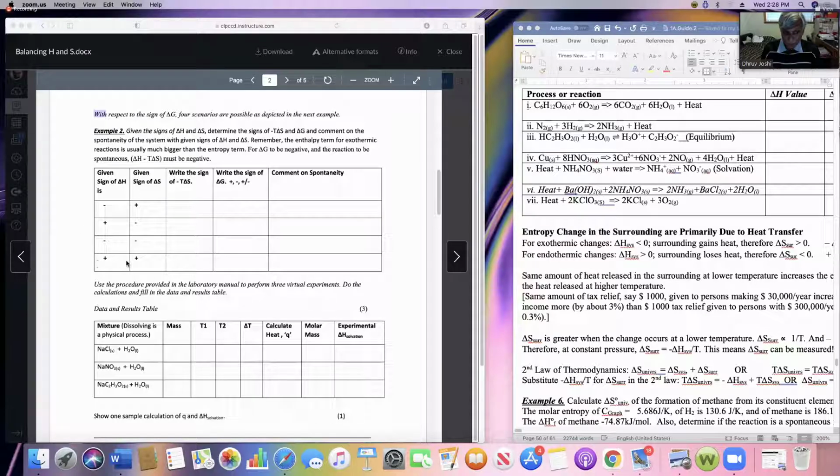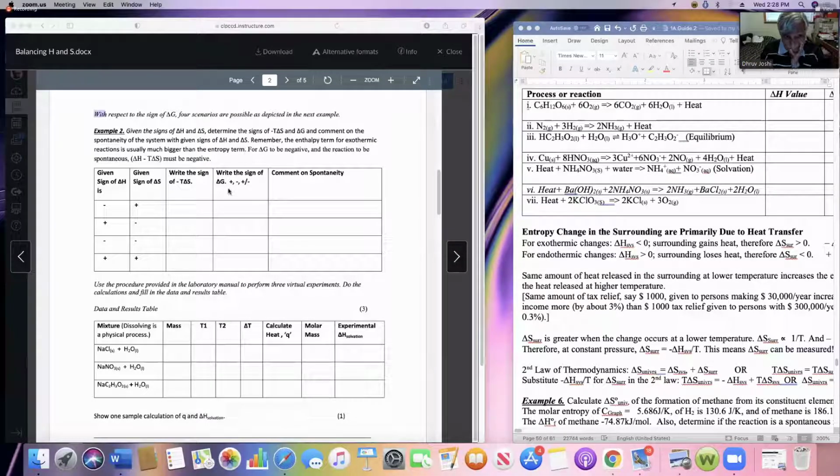We want to look into the contribution of enthalpy and entropy to the spontaneity of a reaction, so we have only these 4 things to consider. We're not going to talk about zero, equilibrium, because then nothing is happening. No energy is coming out, so we don't care about that.